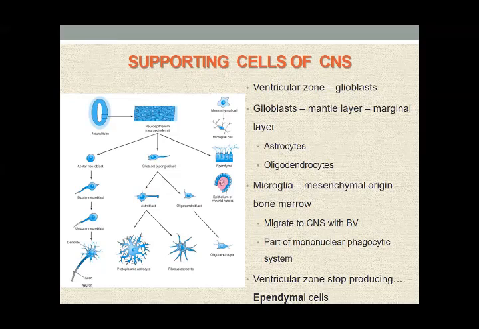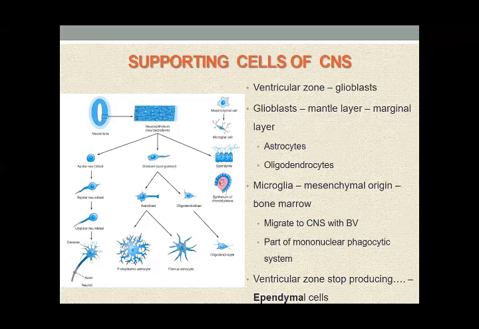These microglial cells present in this epithelium are actually mesenchymal in origin. They arise from the bone marrow, but they come into the nervous system a little later.